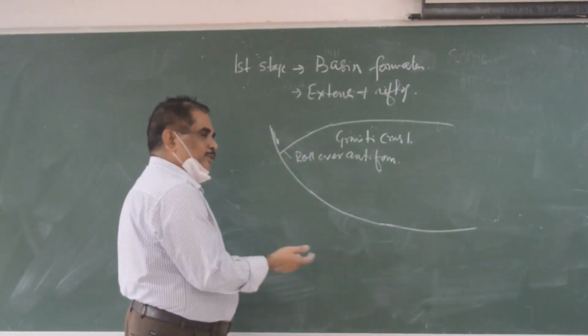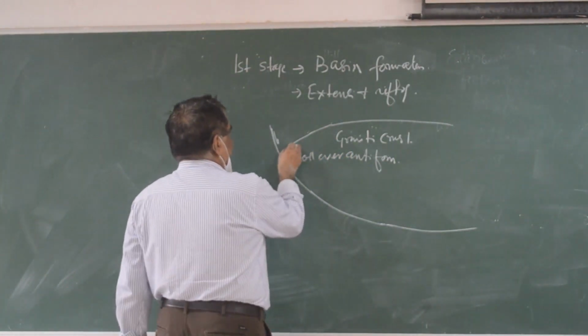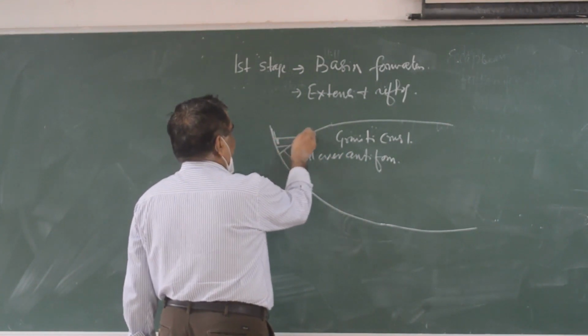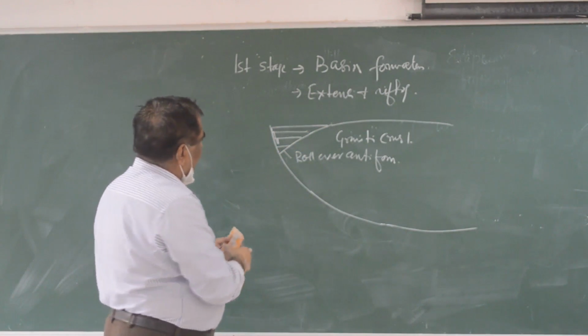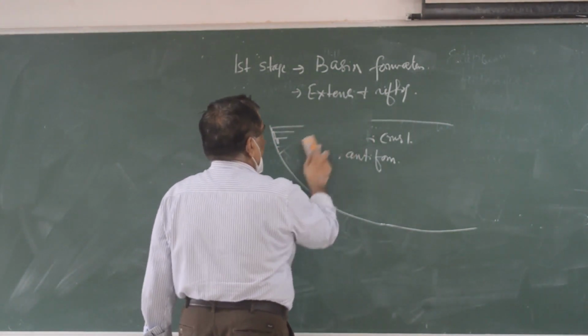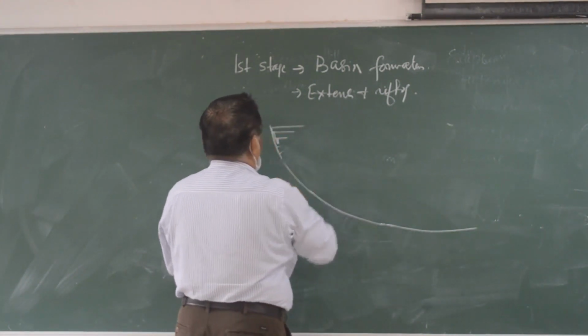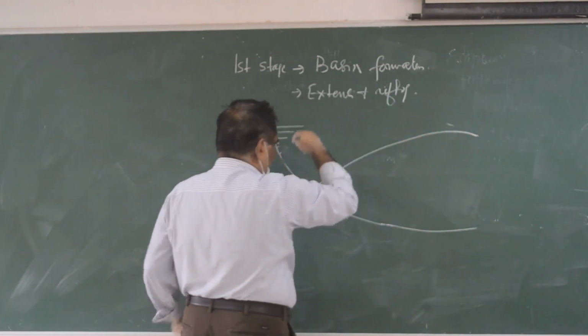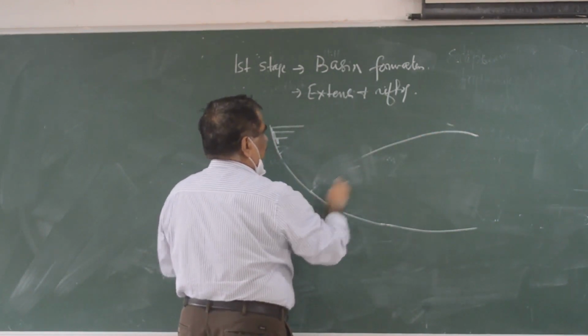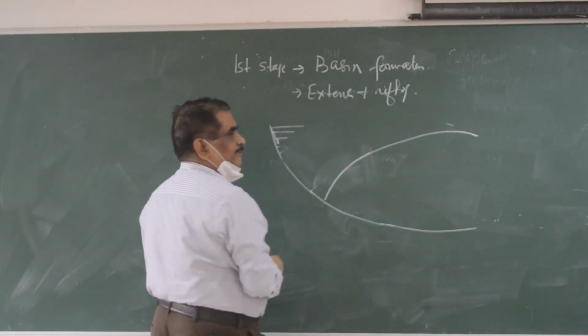Now, next what happens? The sediments are being deposited here. Sediments are being deposited here. Then next what happens? This will be further bent. It will come here, it will become like this. Gradually, it will come down. It will become steeper like this.